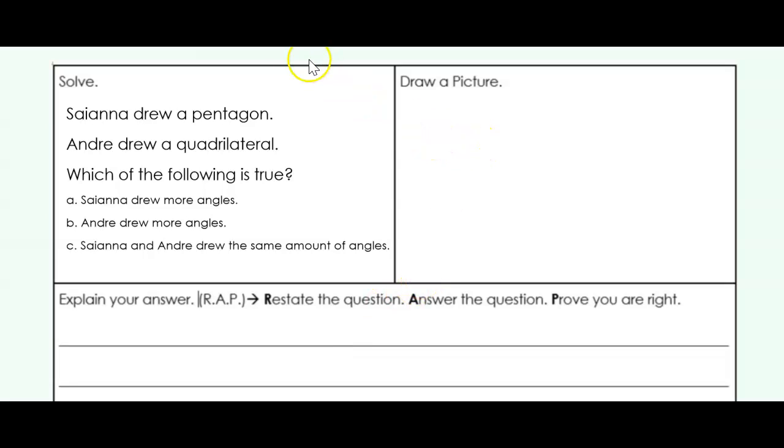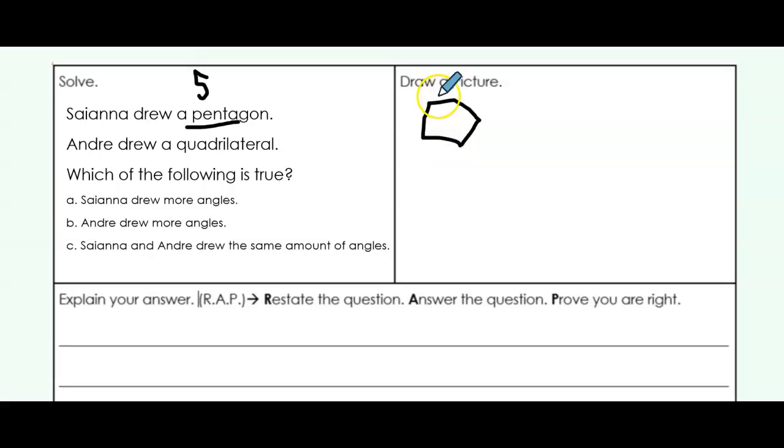Boys and girls, if Sayana drew a pentagon, it should look something like this because a pentagon has 5 sides. Remember, penta means 5. So I'm going to draw a shape with 5 straight sides. 1, 2, 3, 4, 5.